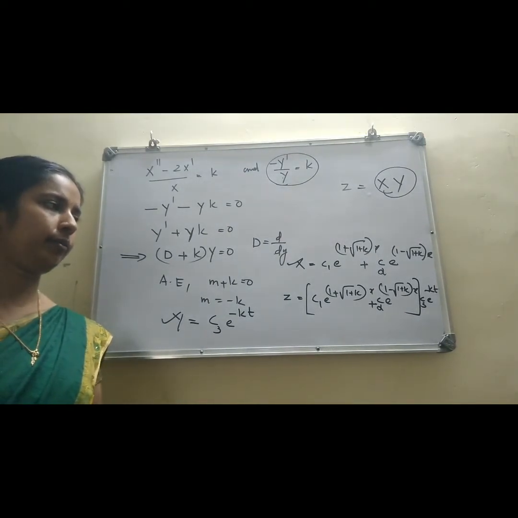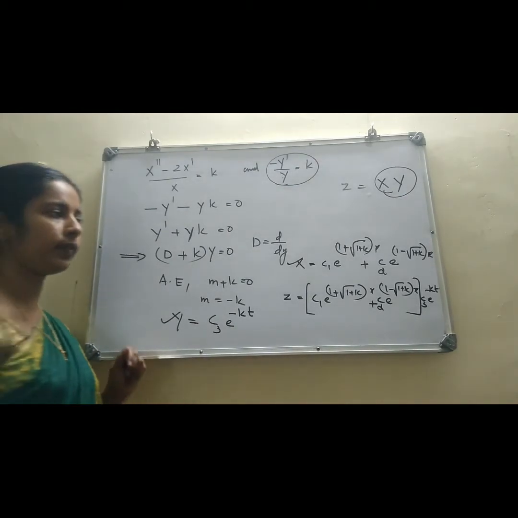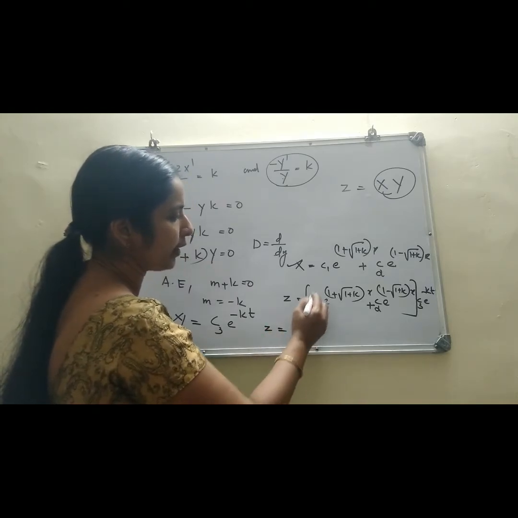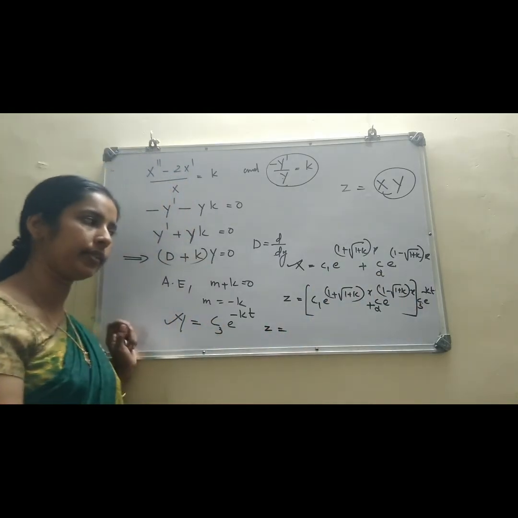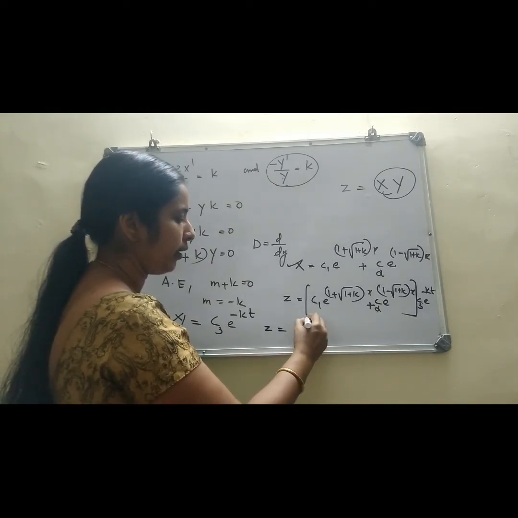Again, you can make some arrangements with the arbitrary constants. Here C1, C2, C3 are arbitrary constants. So you can again express it as, here C1 into C3 is another arbitrary constant. Let it be C1 dash.